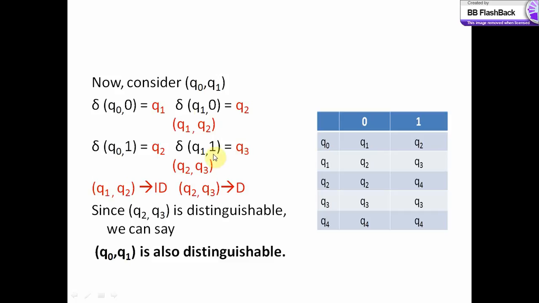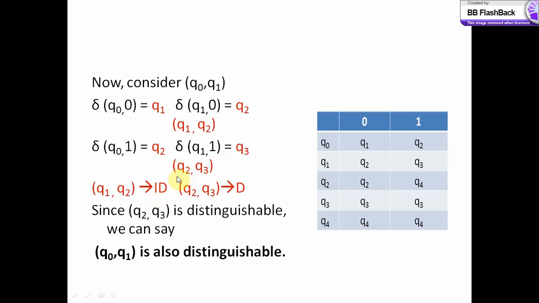Now in these two pairs, check if any one is distinguishable or both are distinguishable. Q1, Q2, here both belong to non-final states. So this pair cannot be called distinguishable. This is an indistinguishable state.